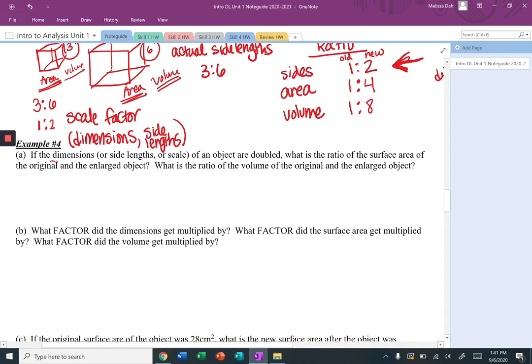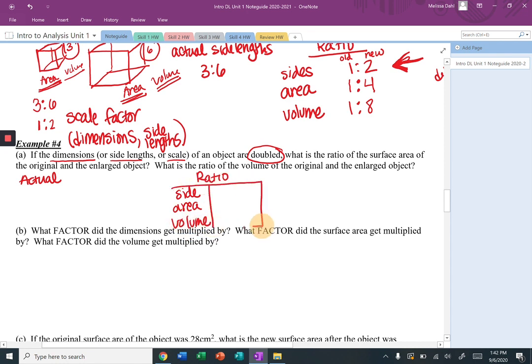They say if the dimensions, so remember the dimensions are related to side length or scale of an object, are doubled. So here's what they told me. Actual, nothing so far. But ratios, I'm going to fill in what I have. Do I have sides? Do I have areas? Do I have volumes? How are they related to each other?